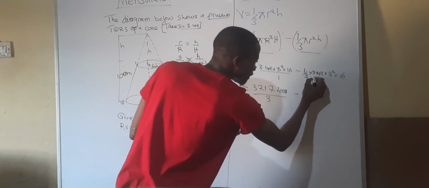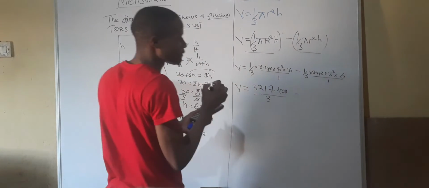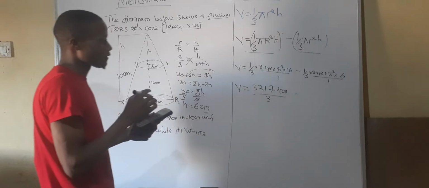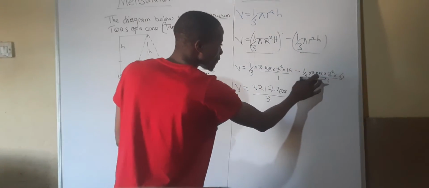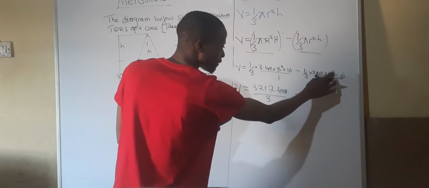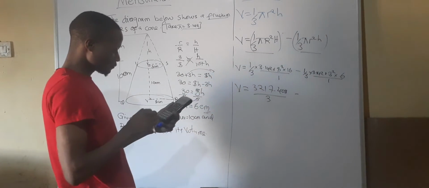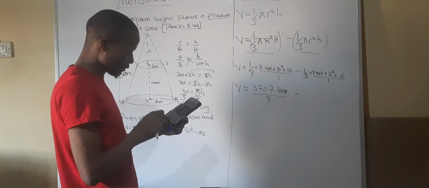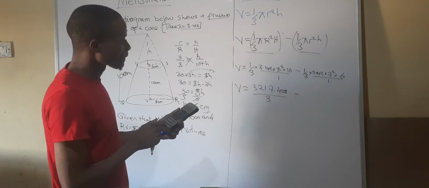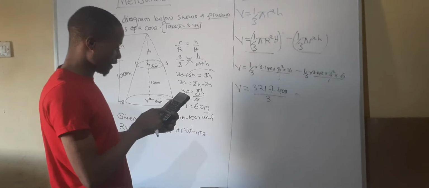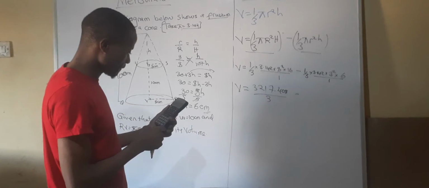Do the same thing. Raise this one as a fraction by dividing with 1 and multiply everything on top. So this becomes 1 times 3.142 times 3 times 3, which is 9. If you want, you can still use 3 times 3.